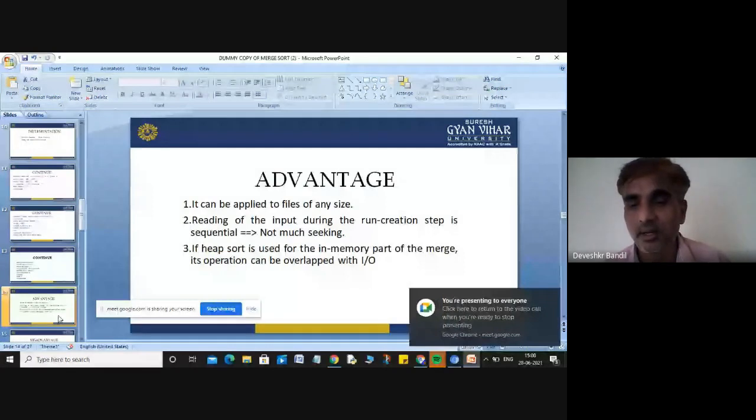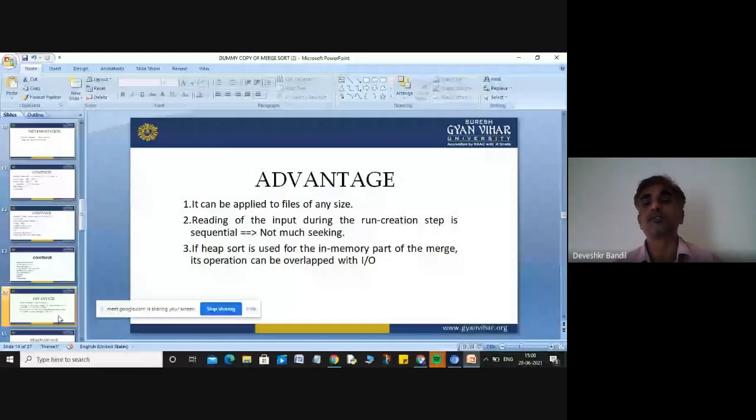And now I will talk about the advantages of your merge sort. Means if you want to use the merge sort technique for sorting elements which are not in sorted order, what are the advantages if you want to use the merge sort?